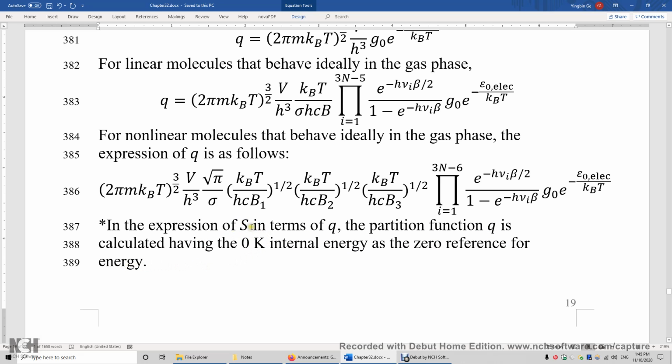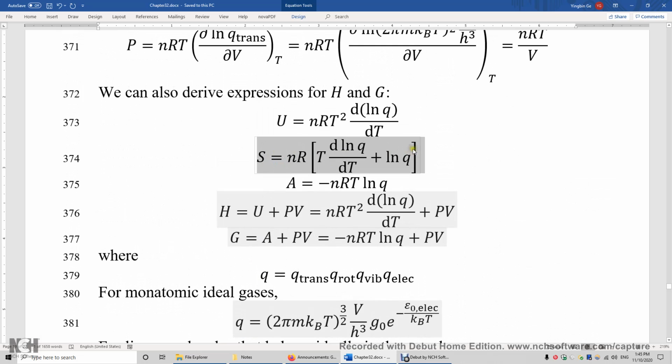So when you derive the expression of this Q, you need to assume the zero-point vibration energy is 0. The 0 K electronic energy is also 0. And then you will get the value of the entropy of the system that's in accordance with the third law of thermodynamics.